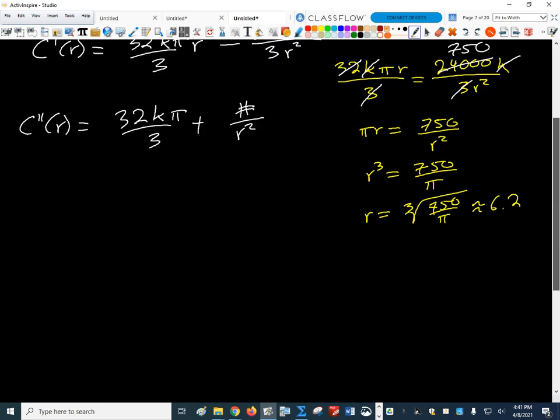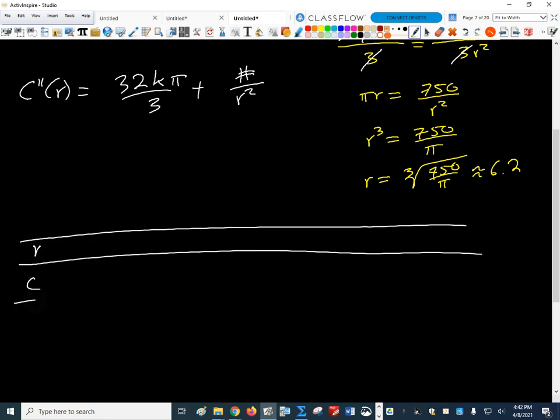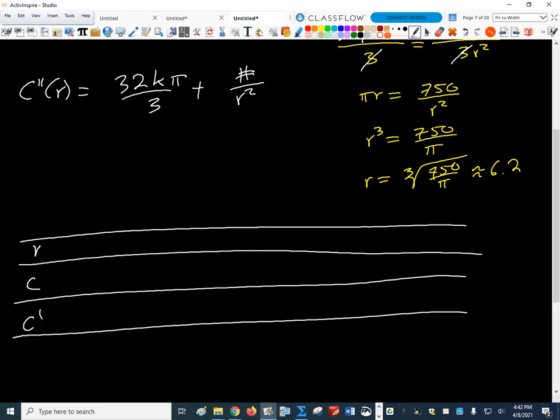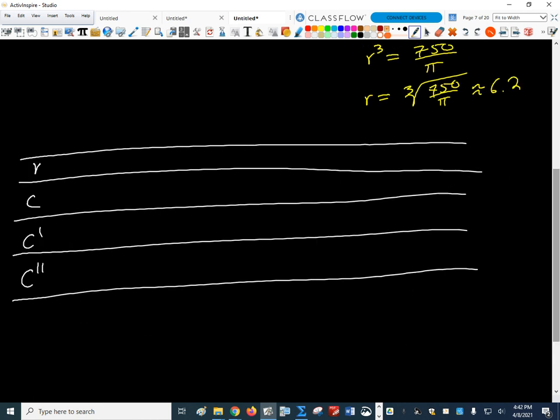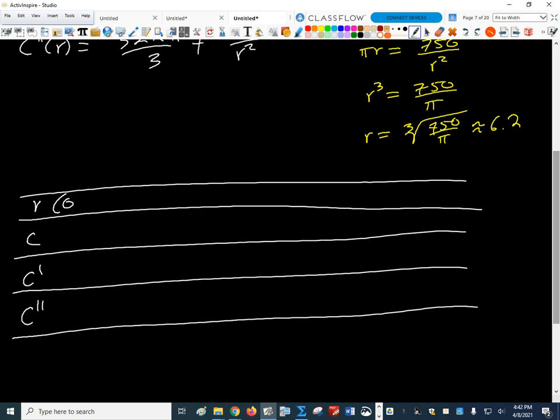So when I make my table, my domain was 0 up to roughly 9.85.